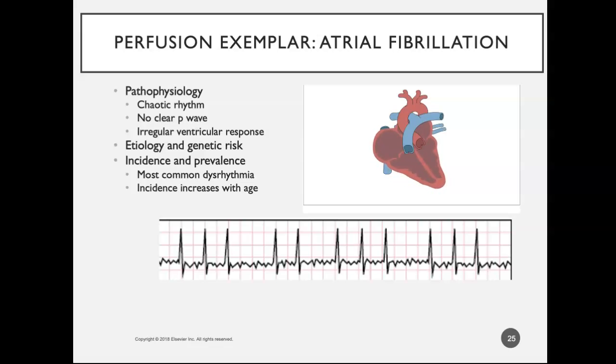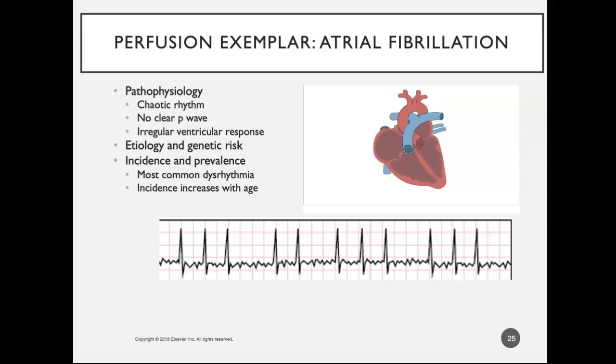I'd be hard-pressed if you make it through nursing school without caring for at least a few clients that have atrial fibrillation. With medications for atrial fibrillation, what we like to do is control the rate. We need to try to keep that rate somewhere between 60 and 100 for those QRS complexes.